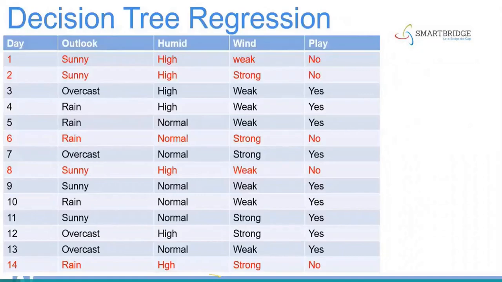Fine. Put it in mind. Out of 14 observations, I have 9 yeses and 5 no's. These are the training examples. All right, just put that in mind.